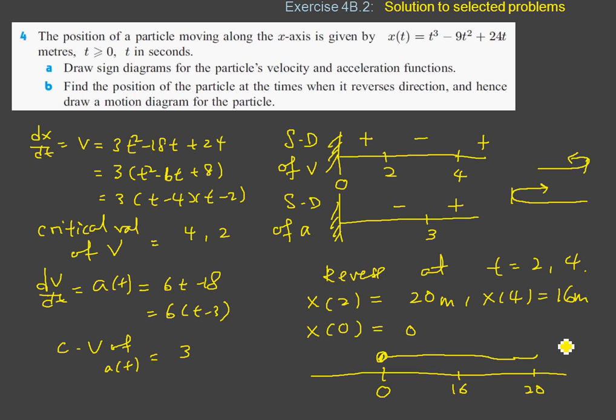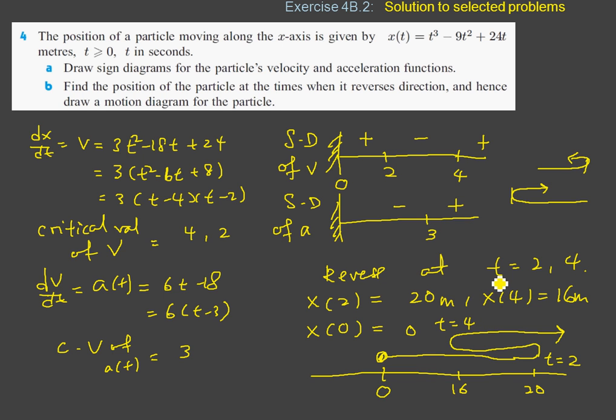So when time is 2, at a location of 20 meters, it reverses direction, and then at 16 it reverses its direction again. So here is when time equals 2, and here is when time equals 4. Okay, so this is the motion diagram for the particle.